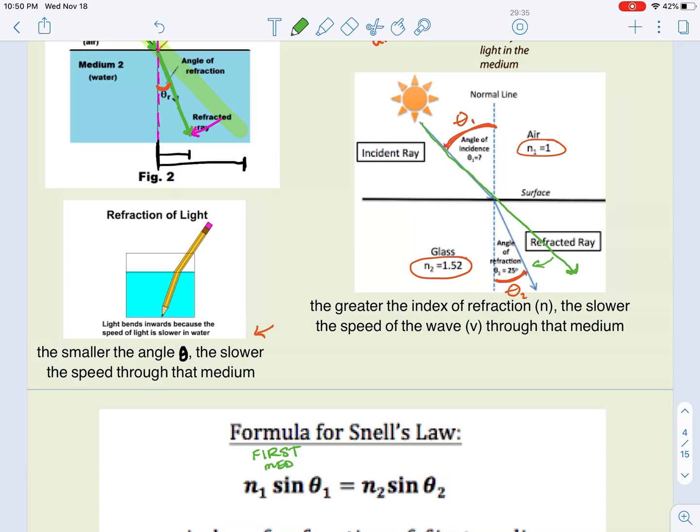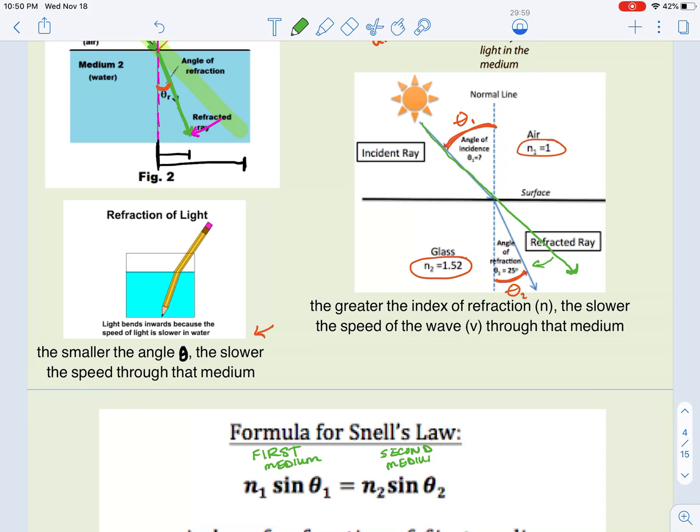So n1 sine theta 1 says that we're going to take the n value for the first material, the first medium, and we are going to multiply that times the sine function of whatever that incident ray was, so theta 1.